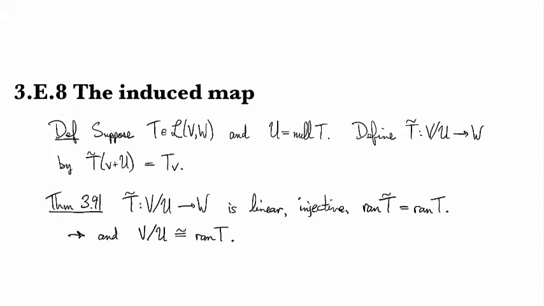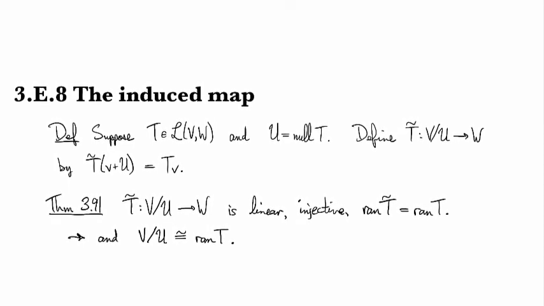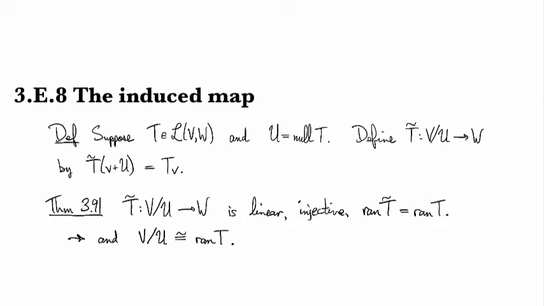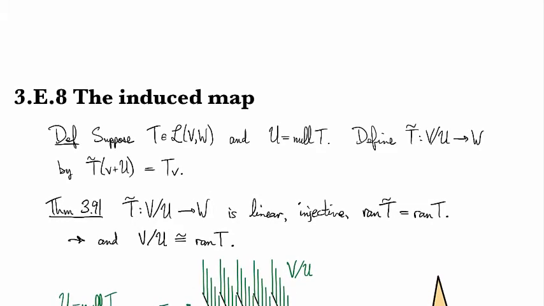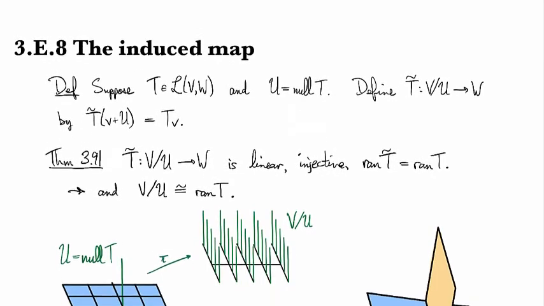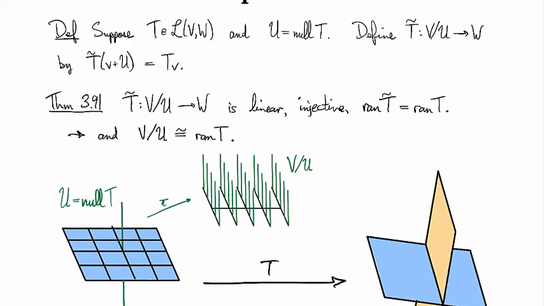Now I'm not going to go through the steps of proving this theorem. What I want to do instead is look at this picture, and you'll see that we are back to the fundamental theorem of linear maps. So let's see what's going on.